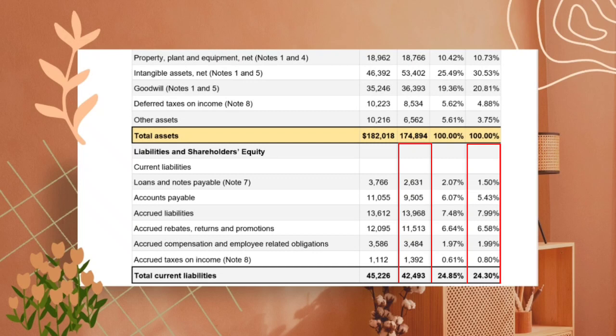Accrued taxes on income is 1,392 divided by 174,894 times 100% is 0.80%. The total current liabilities of 2020 is 42,493 divided by the total assets of 2020, 174,894 times 100% is 24.30%.